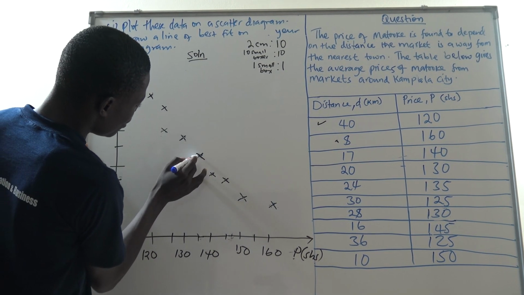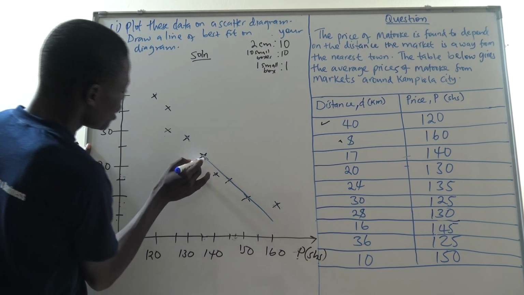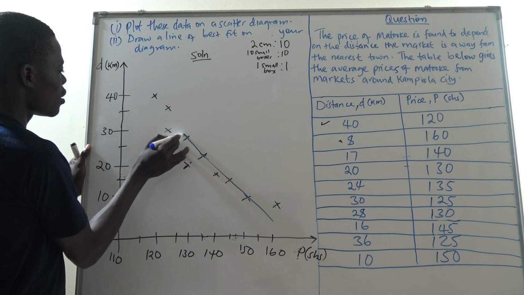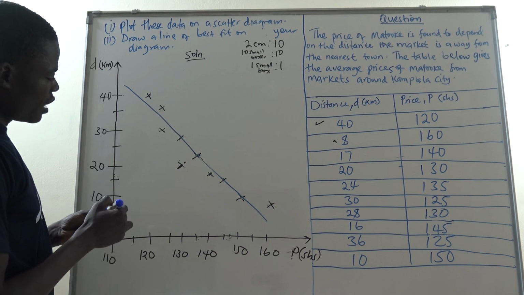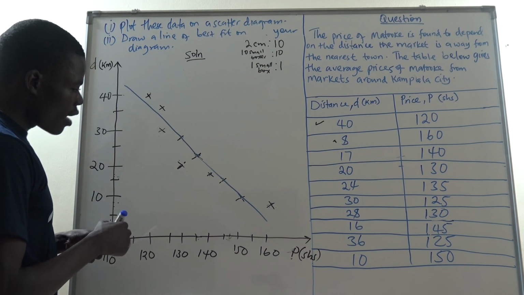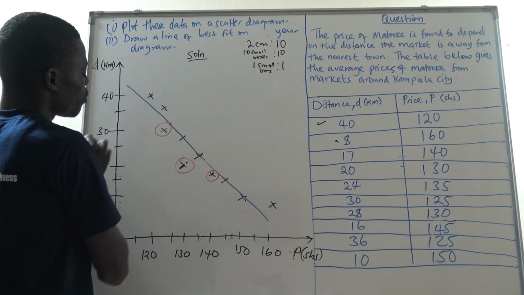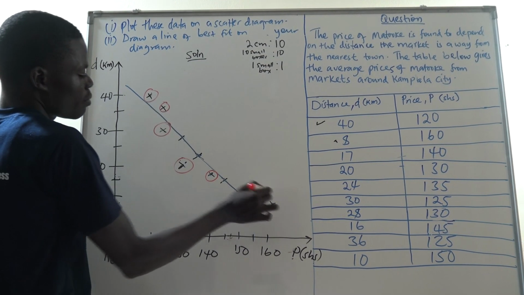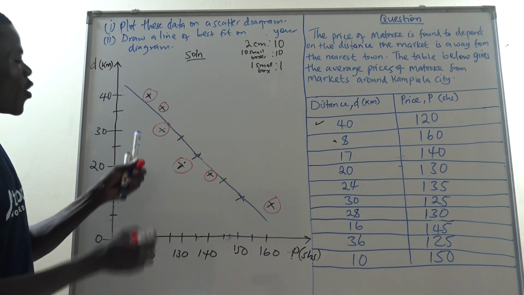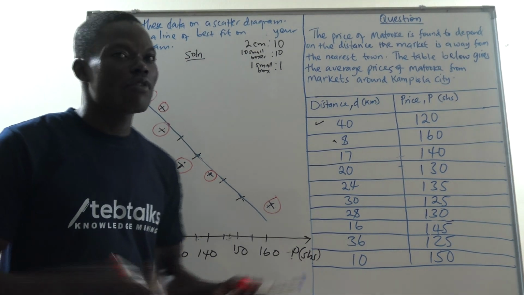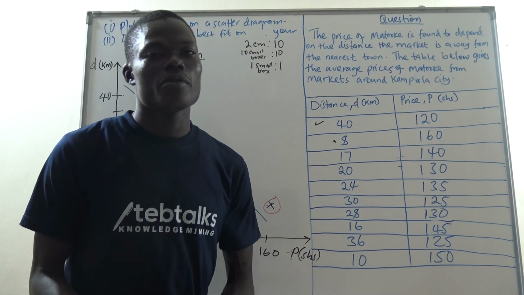So the line through this, then passing through this one, is our line of best fit, leaving this point and this point out, and also this point and this point, plus this one out, going through 4 points. So this one becomes our line of best fit, and then we have finished answering these questions. Thank you for viewing this video.